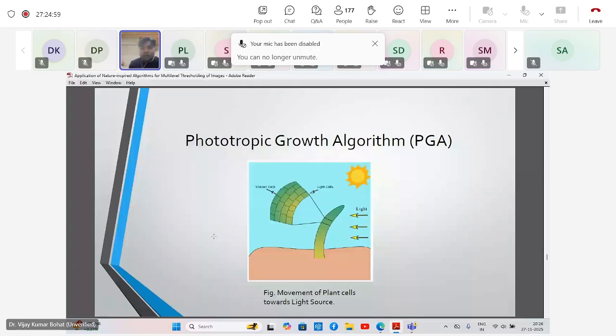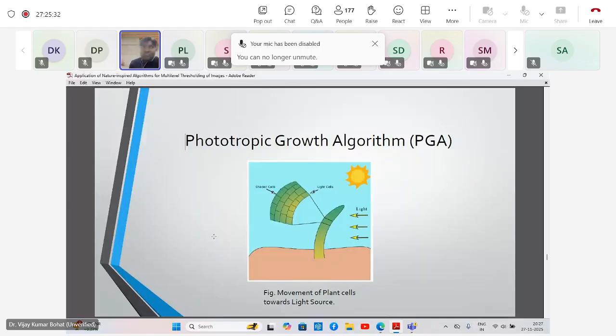So me and some co-authors were looking for some nature-inspired phenomena through which we can come up with a metaheuristic that performs better, that has good exploration and very good exploitation, and we were looking for some inspiration in nature. So we found one motivation from nature: the movement of plant cells towards a light source.